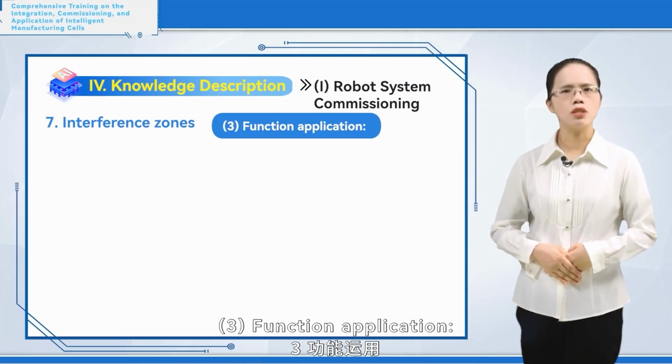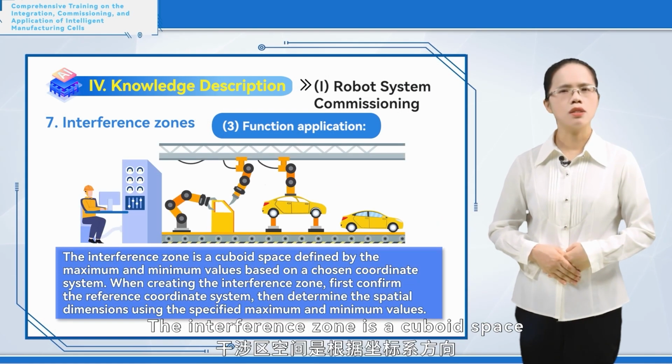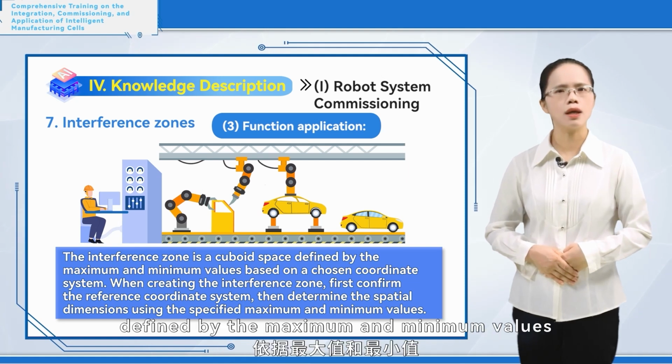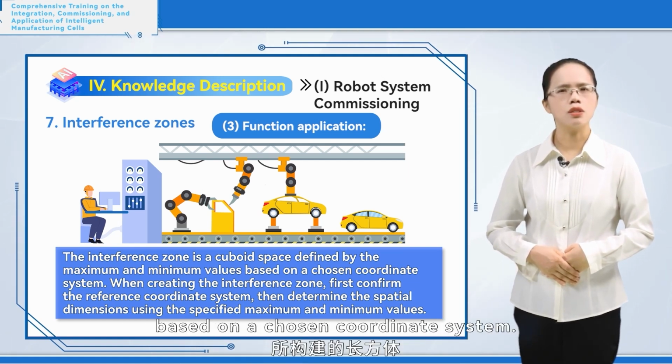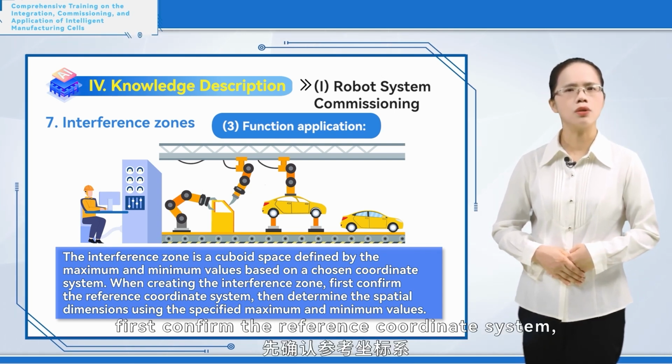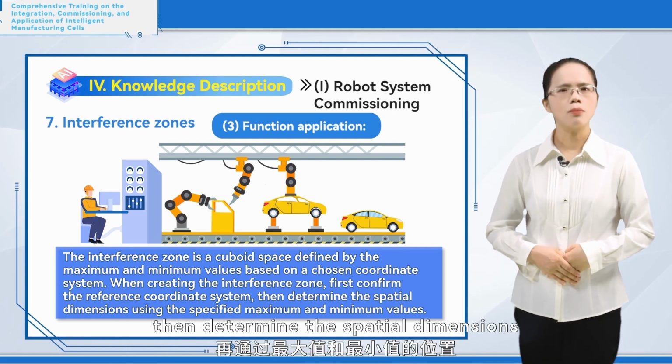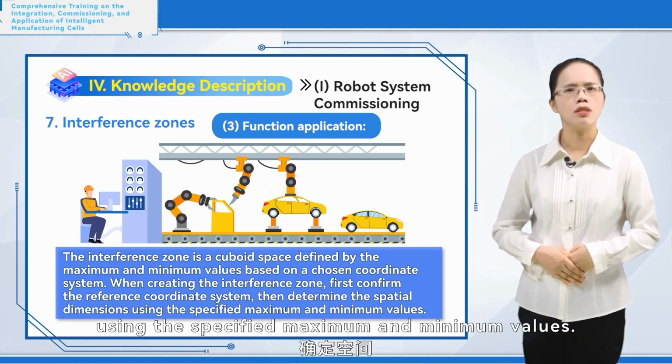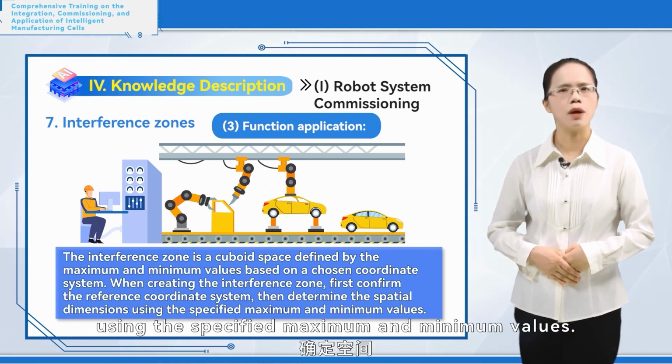3. Function application. The interference zone is a cuboid space defined by the maximum and minimum values based on a chosen coordinate system. When creating the interference zone, first confirm the reference coordinate system, then determine the spatial dimensions using the specified maximum and minimum values.